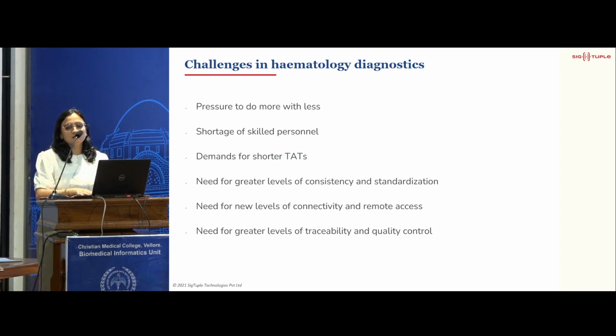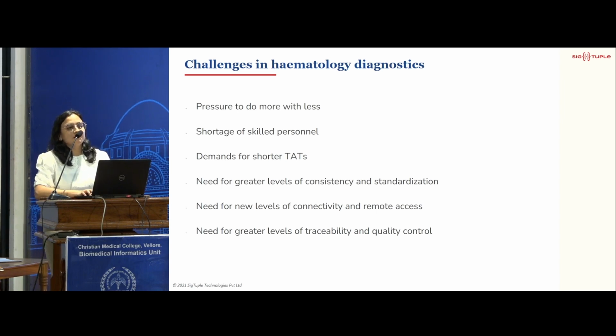Shortage of skilled personnel. There are few pathologists who can identify blasts, and in cases of leukemias, it's so important to identify them. So we have a deficit of skilled personnel. Then there are demands for shorter TATs, your turnaround times, as clinicians want the reports immediately. There is a need for greater levels of consistency and standardization, a need for new levels of connectivity and remote access, and a need for greater levels of traceability and quality control.